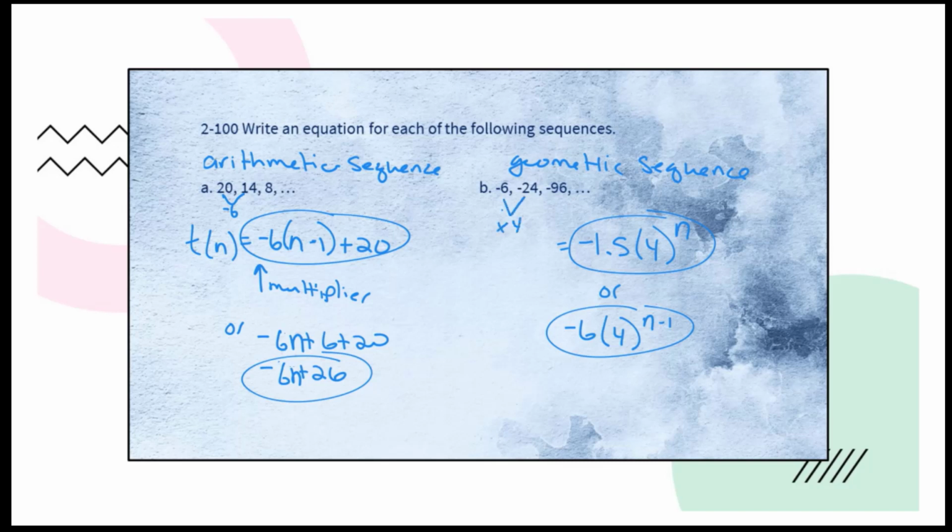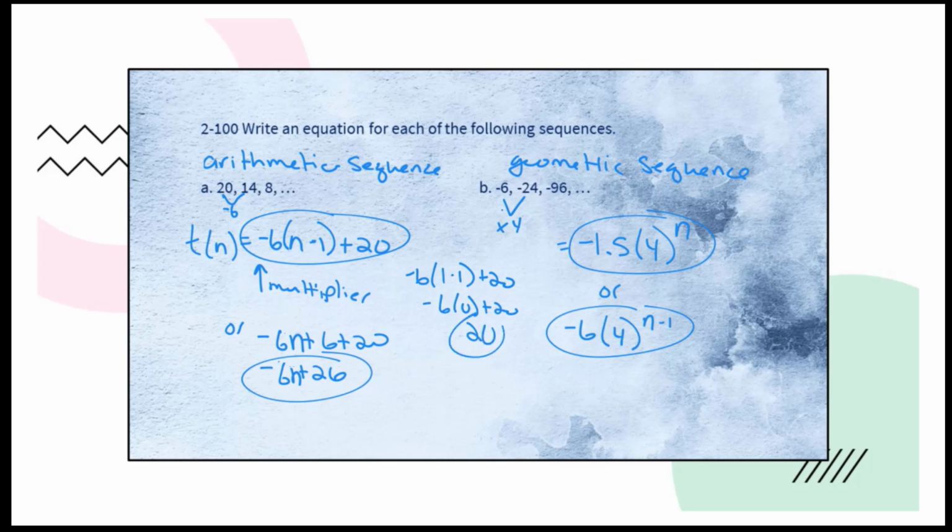Now, on the arithmetic one, you're going to set it up. So if my n minus 1, let's say I was looking at the first element in our sequence, which is 20, I would plug in negative 6 times 1 minus 1 plus 20. That means negative 6 times 0, plus 20, which equals 20, and that is our first element.